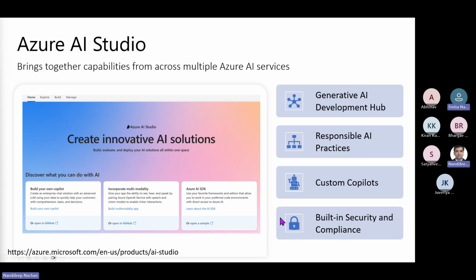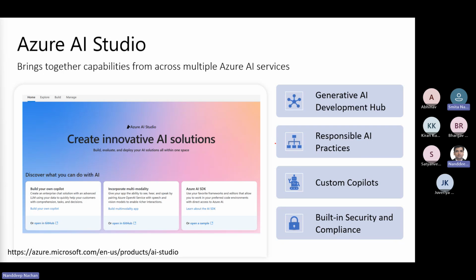So, some of the key features of Azure AI Studio. The first one is the Generative AI Development Hub. Azure AI Studio serves as a hub for creating, evaluating, and deploying generative AI solutions. Whether you are a seasoned developer or just starting out, you can leverage the cutting edge AI tools and machine learning models within this platform.